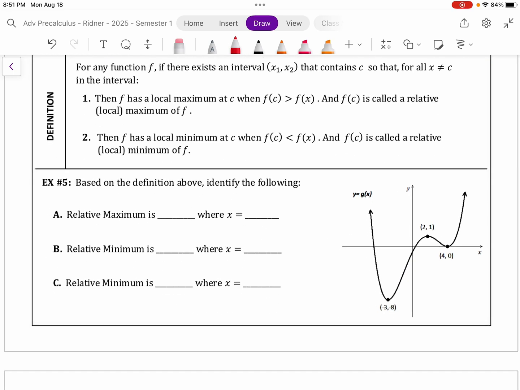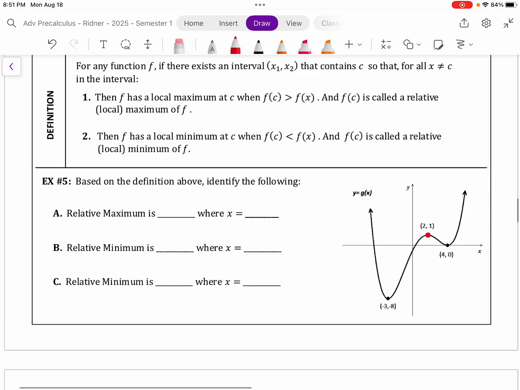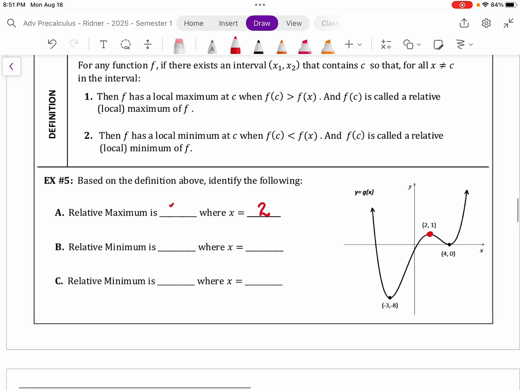So looking at this picture, here's what it looks like. A relative max here. So the wording here is what's weird. Where x equals 2, because x is 2. So the relative maximum is what the y value is. So it's the output. The relative maximum is 1 where x equals 2. Okay. The relative minimum is 0 where x equals 4.